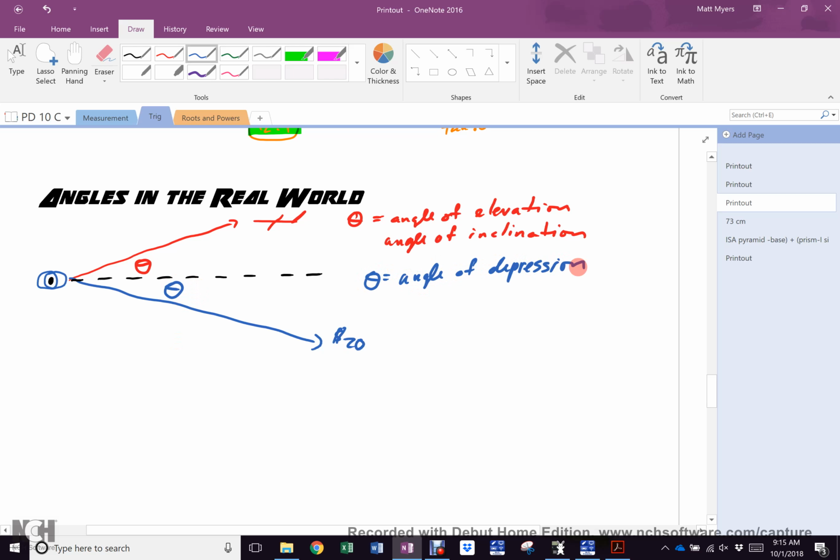Or, because we're scared of that word now, it has become angle of declination. Because your eyes have declined as opposed to inclined. Is everybody with me?